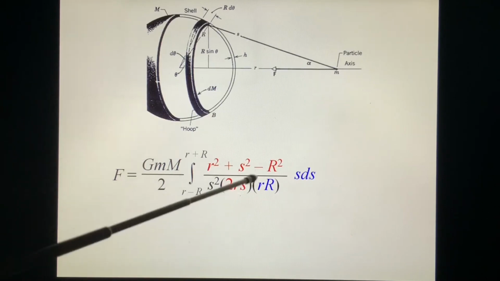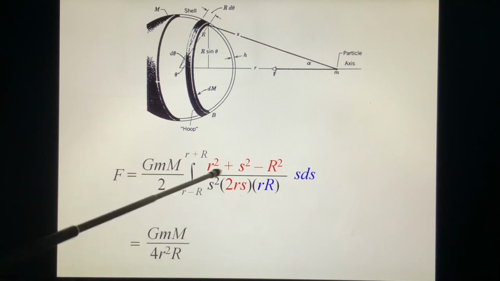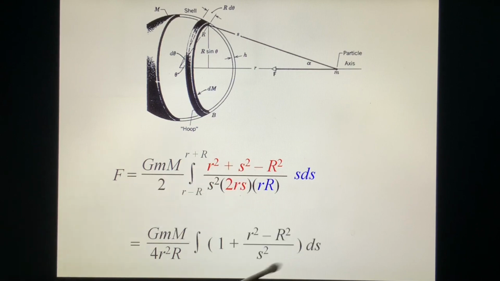We cancel out this s, take out the constants, and inside we get 1 plus (r squared minus R squared) over s squared, ds.